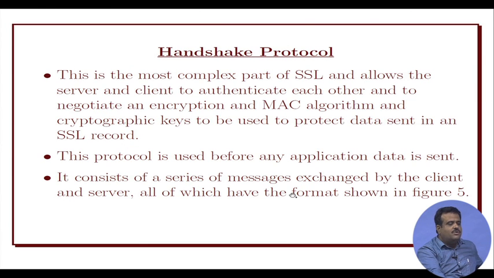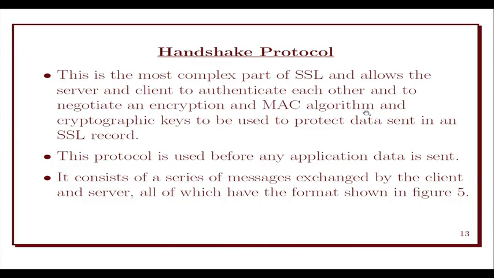So, now we talk about the handshake protocol. This is the most complex part of SSL and allows the server and the client to authenticate each other. So, this is the authentication part. The server and client have to authenticate each other by sharing some messages, so a few interactions will be done between them.